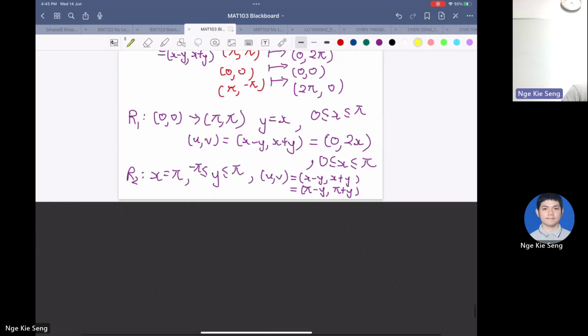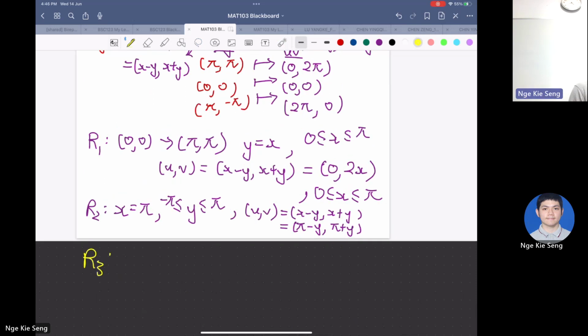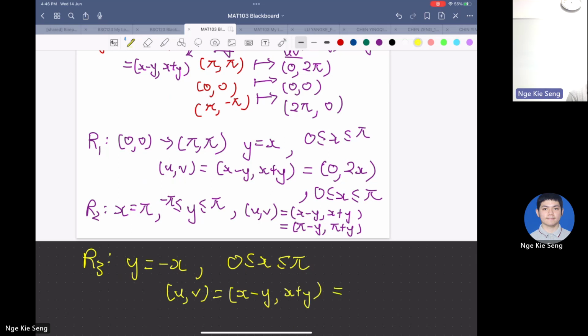So R3 is the line y equals minus x, going from 0 to pi. In this case, what happens to our UV? Our UV is x minus y, x plus y. So x minus y becomes 2x, and x plus y becomes 0.